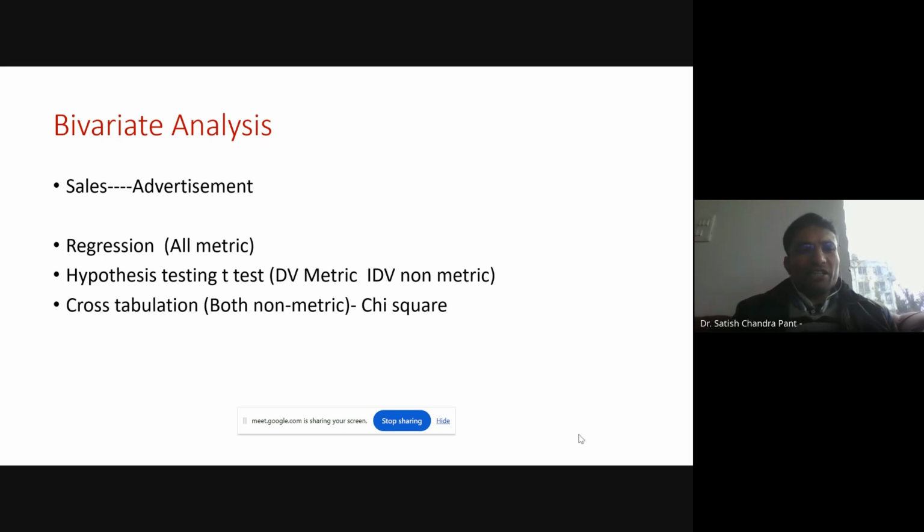And when to use regression analysis? Specifically when both the variables, dependent and independent, are metric in nature. Metric means either they are on a continuous scale or on a ratio scale. Then we have to use regression analysis.